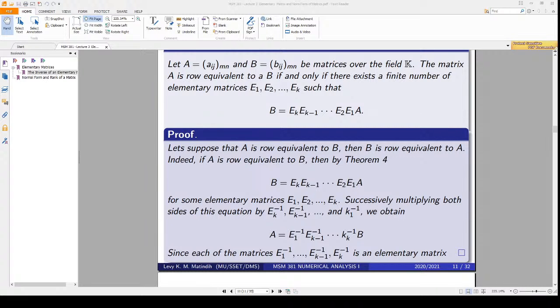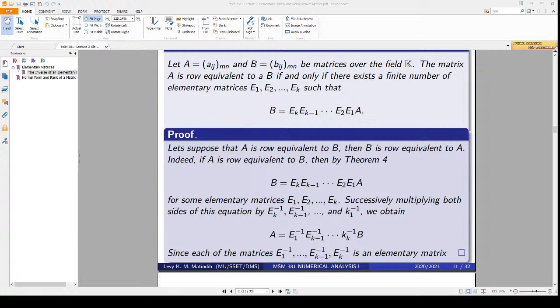Now, see, if successfully multiplying both sides of this equation by the inverse of these elementary matrices, you see what is going to happen. We multiply both sides of this equation by the inverse matrices of these elementary matrices successively.